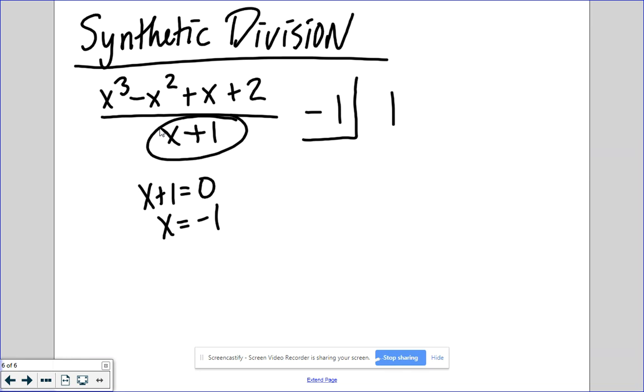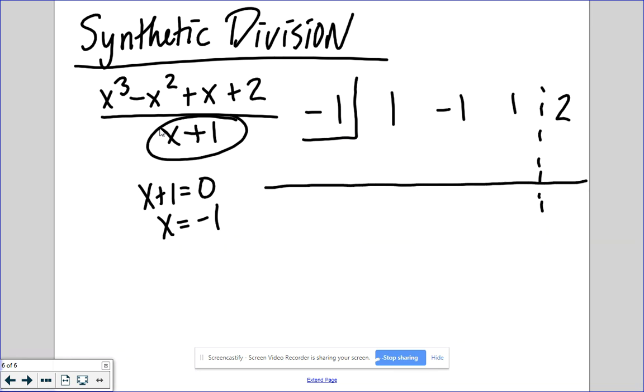Next power is 2. What's the number out front of that one? -1. The next one is 1. And then, is there a constant? Yes, 2. We put a dotted line in front of the constant, because I call this the remainder line.